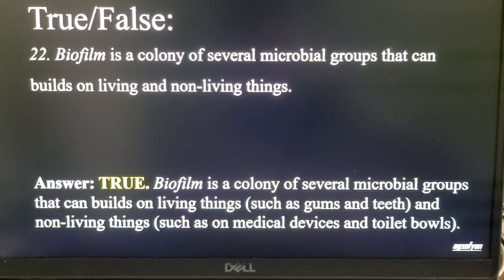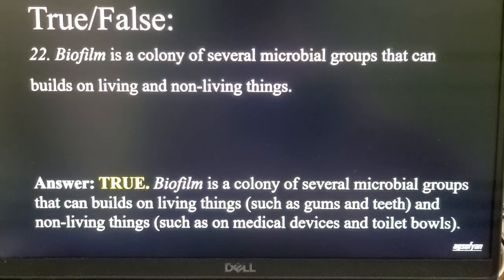So just like a favorable condition for many bacteria to grow. And this biofilm can be produced and built on living objects. Like for example, around the teeth, around the gums, there will be a lot of biofilm produced by some bacteria and causing some other bacteria to come to join and to stay there.